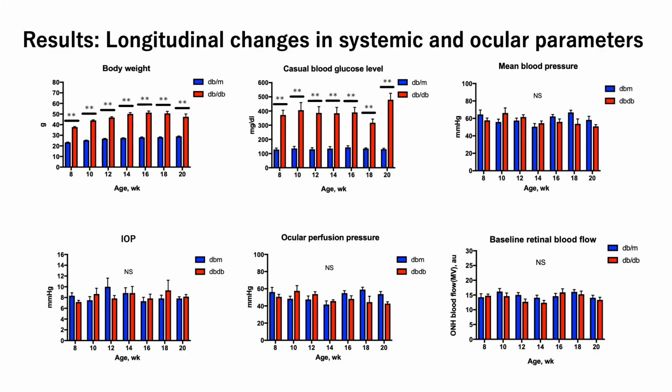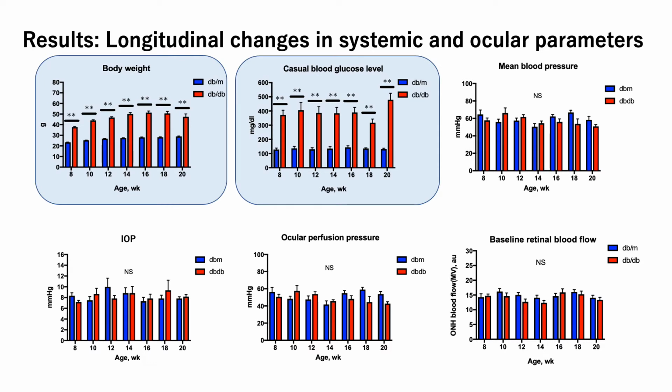This slide shows the result of the longitudinal changes in systemic and ocular parameters in diabetic db/db mice and db/m mice. The body weight and casual blood glucose significantly increased in diabetic mice compared with those in control mice.